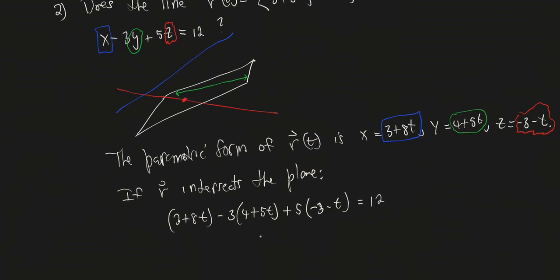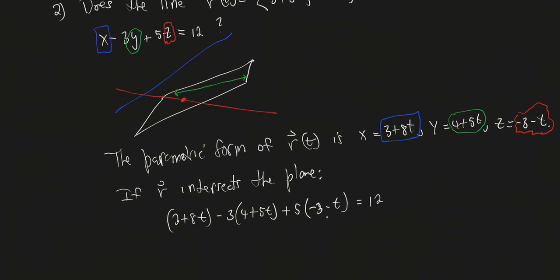So let's see, what do we get as far as a solution for t? We have 3 plus 8t minus 12 minus 15t minus 15 minus 5t is equal to 12. Let's go ahead and simplify. 8 minus 15 minus 5, that's negative 12t.